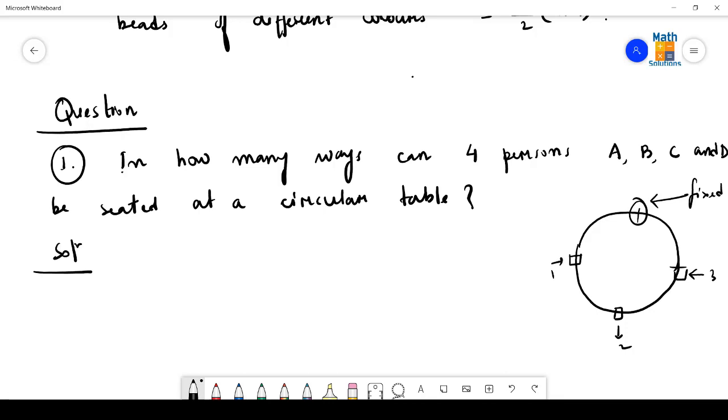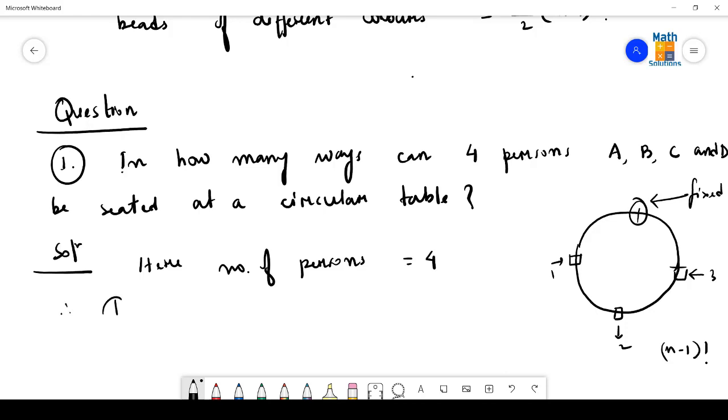So using the formula, how can we write? The formula was, for n number of arrangements, it will be n minus 1 factorial. Here the number of persons is equal to 4.